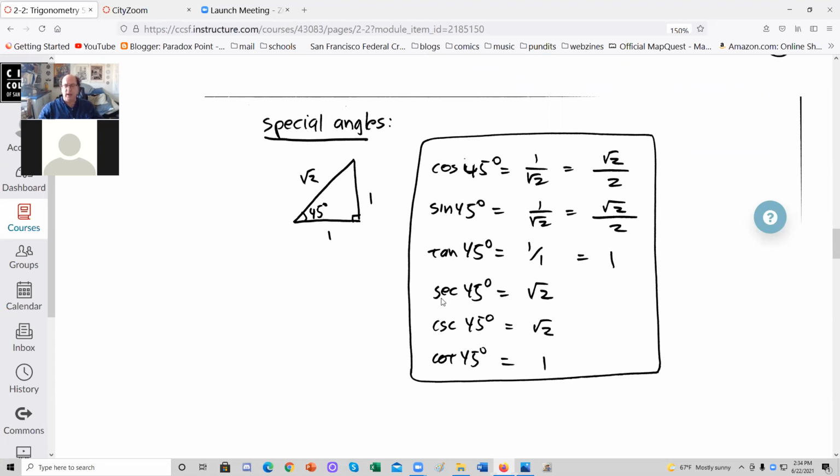For secant, it's reciprocal cosine, so the reciprocal of this, or root 2. Cosecant of 45 will be the reciprocal of the sine, therefore root 2. Cotangent of 45 is reciprocal of tangent of 45, so reciprocal of 1, which is 1. So just draw this triangle and you won't have to memorize this stuff. I constantly draw the triangle to memorize this.